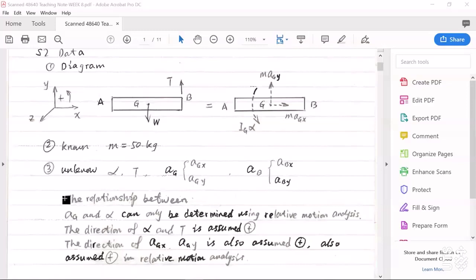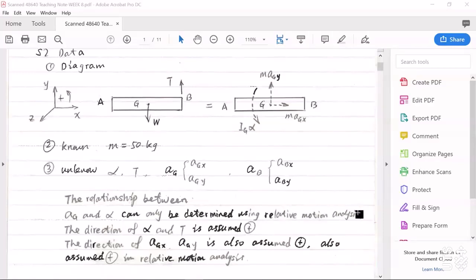Okay, now the difficulty here is the relationship between AG and alpha at this moment is unknown. This relationship can only be determined using acceleration analysis. It will be relative motion analysis.